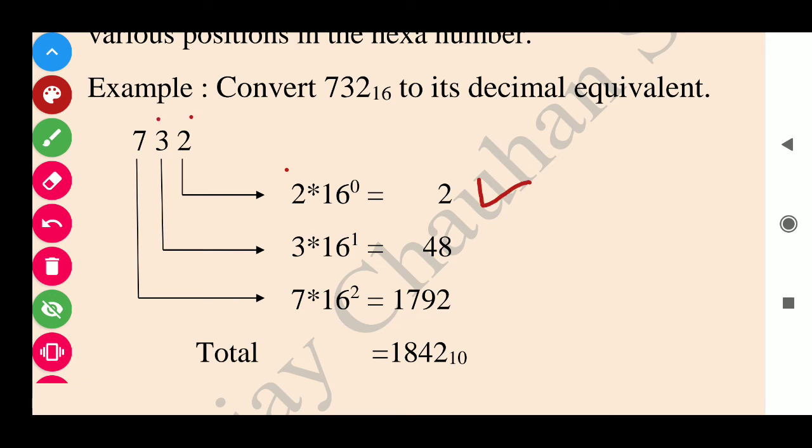Now 3 is here, 3 into 16 raised to the power 1, just increase the power of 16 by 1, so 16 into 3 is 48, write 48 there. Now 7, and 7 into 16 raised to the power 2 is equal to 1792. Just make the total and you will get the answer 1842 base 10. So it is converted into decimal.